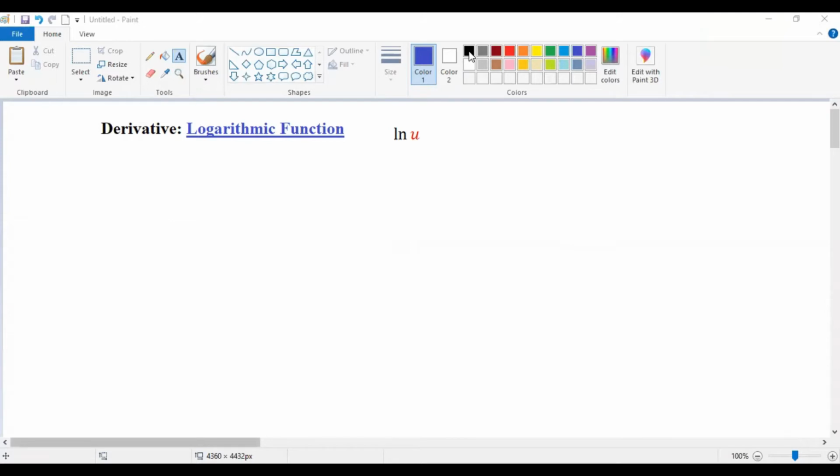The rule is, the derivative d/dx with respect to x of ln u, where u is a differentiable function of x, is equal to 1 over u times the derivative of u. And what do we mean by u prime? We said u prime means the derivative of u.